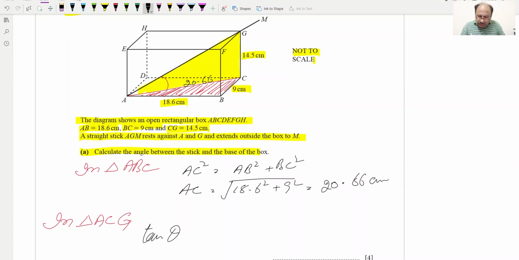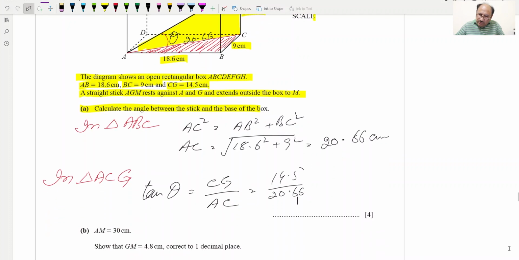So tan theta is equal to CG over AC, which is equal to 14.5 over 20.66.